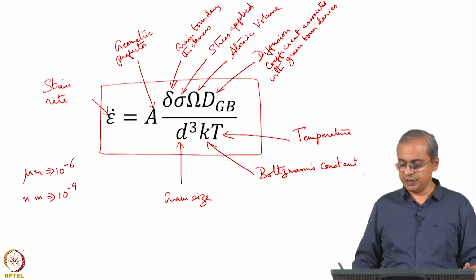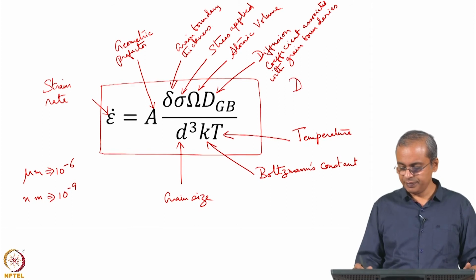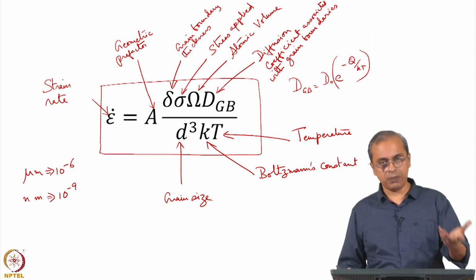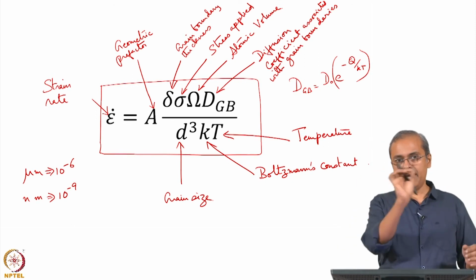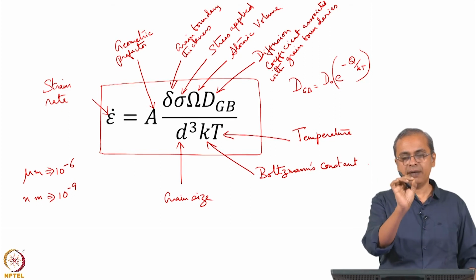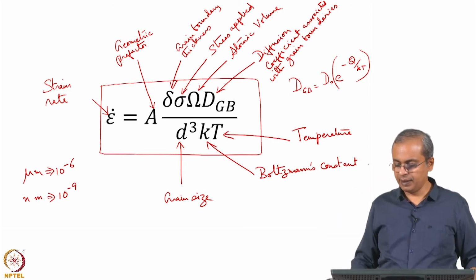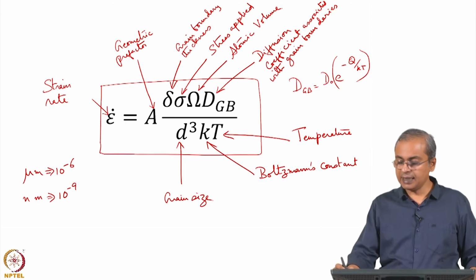The diffusion coefficient itself, D_GB, will be some D naught e to the power minus Q by kT. So, it is a thermally activated process, and as the atoms vibrate, if they want to diffuse, if they see a vacancy, they have to go past a barrier and complete the movement, and that is thermally activated.